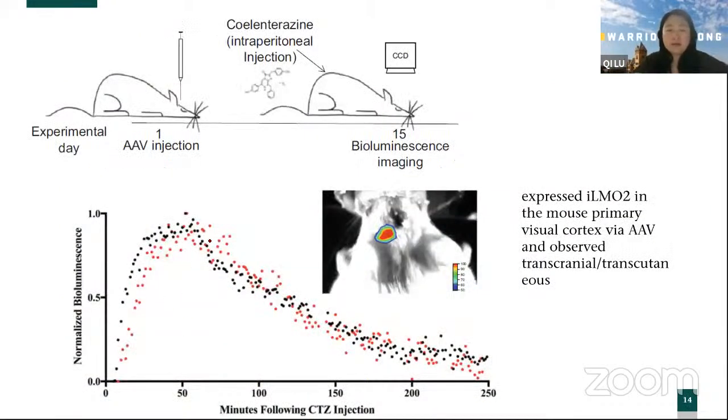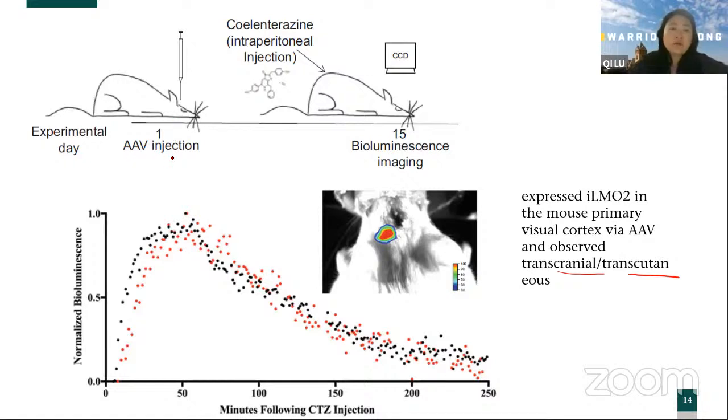In this chapter, the authors also evaluate whether this bioluminescence can go through the skull, the bone tissue, and the skin tissues.